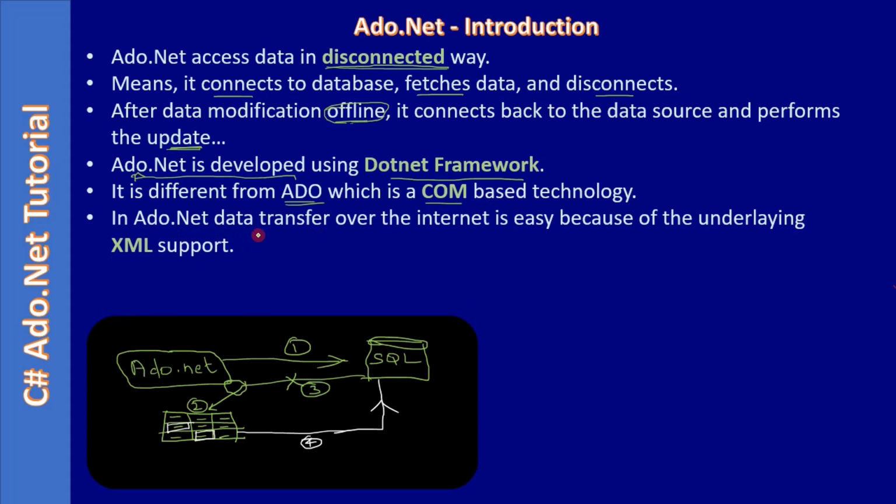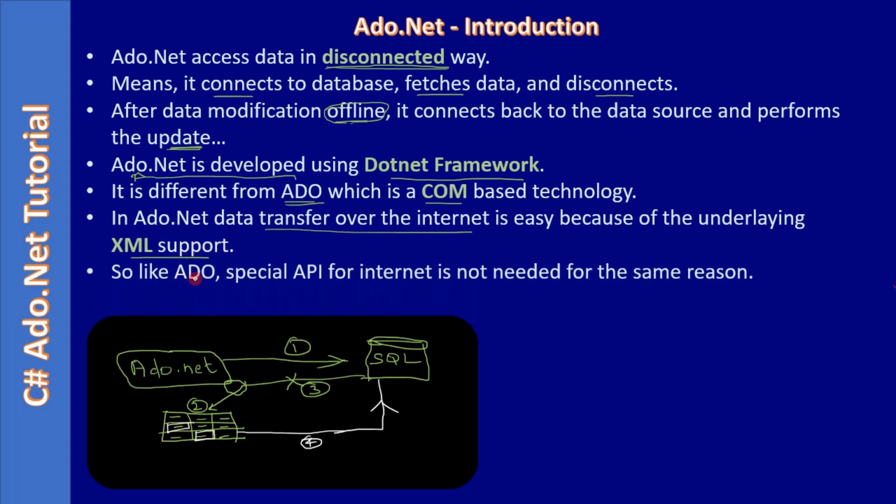In ADO.NET, transfer over the internet is easy, right? Because of the underlying XML support. So unlike ADO, a special API for the internet is not needed for the same reason. For the same reason in the sense it already has XML support, and we know that XML is simply data in transit between two machines via HTTP, alright?